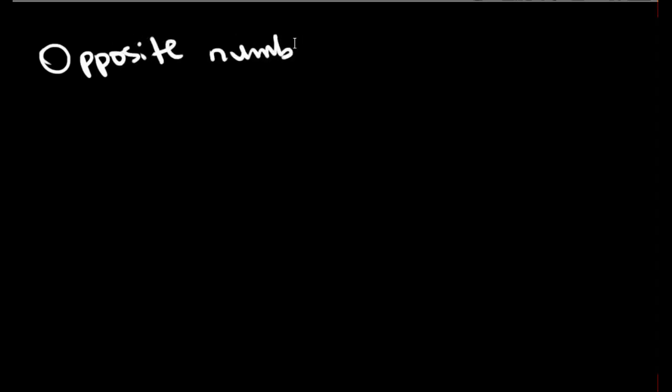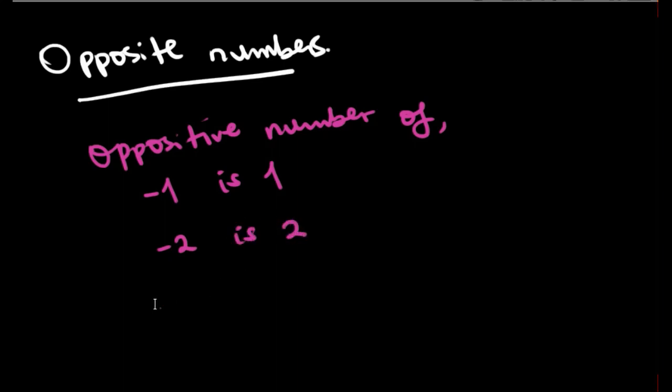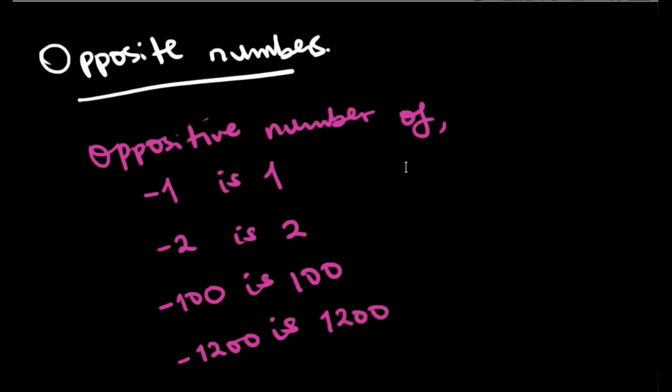Now this means that if you are talking about opposite numbers, if I say, what is the opposite number of -1, it will be 1. -2, it will be 2. -100, its opposite will be 100. -1200, its opposite will be 1200.